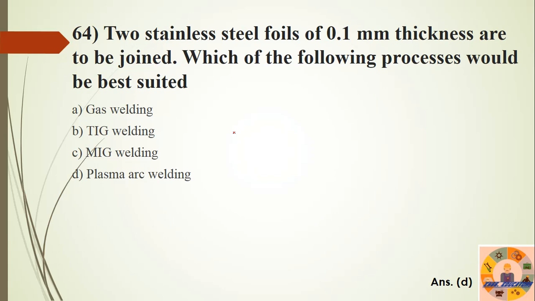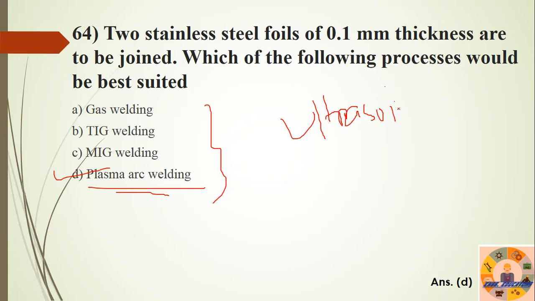So the right answer for this question will be option D, plasma arc welding. But the actual answer for this question, though the option is not given here, will be ultrasonic welding, because it's the only welding operation that can be used for less than 2 mm thickness.